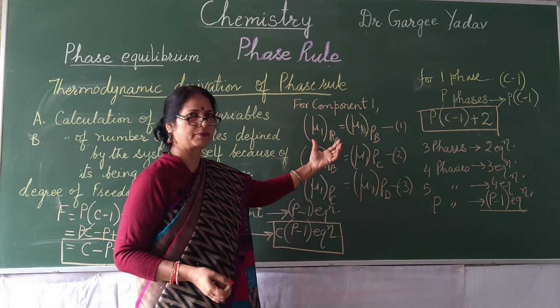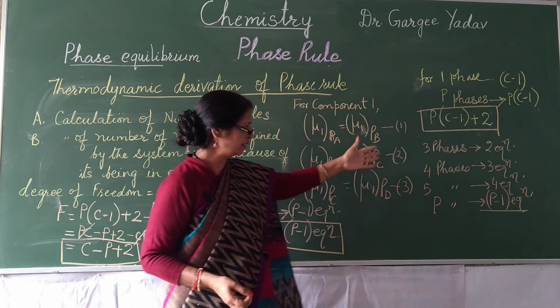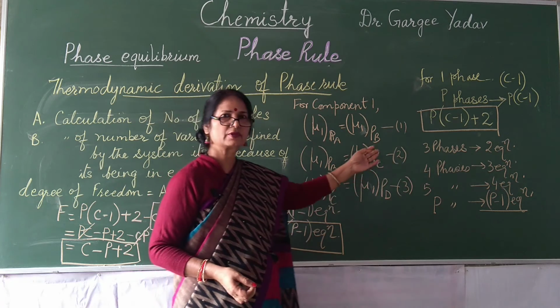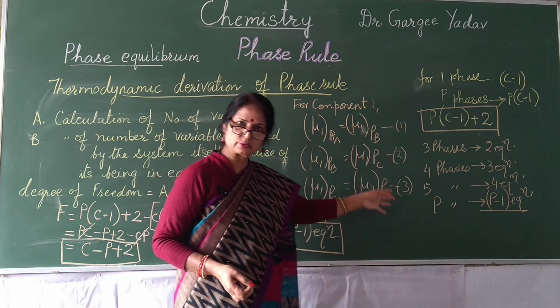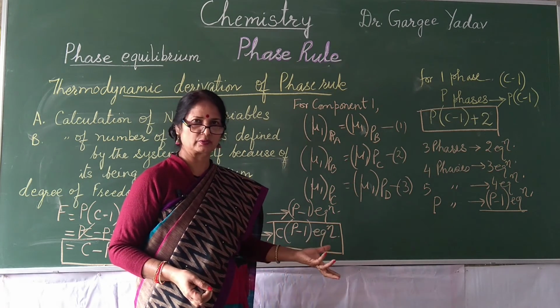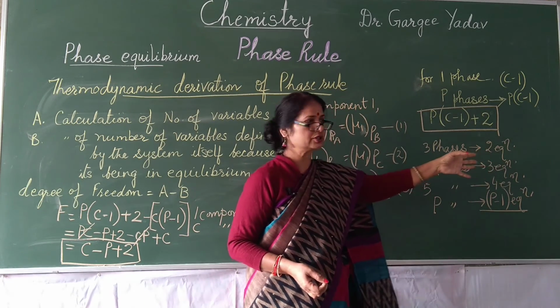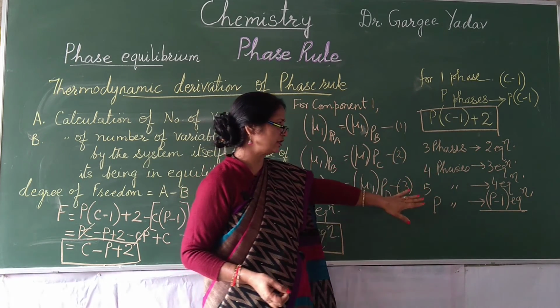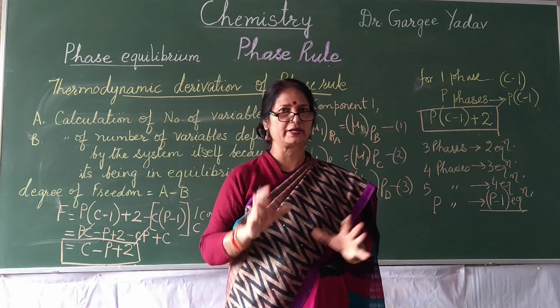Similarly, when there are four phases we will need three equations, and when there are five phases, we will need four equations. This means if there are P phases, we will require P minus 1 equations.